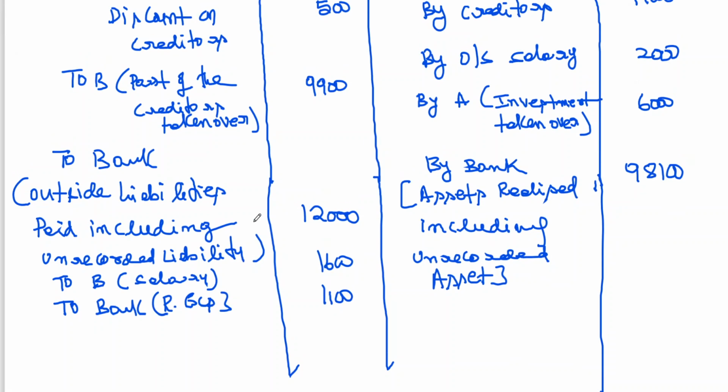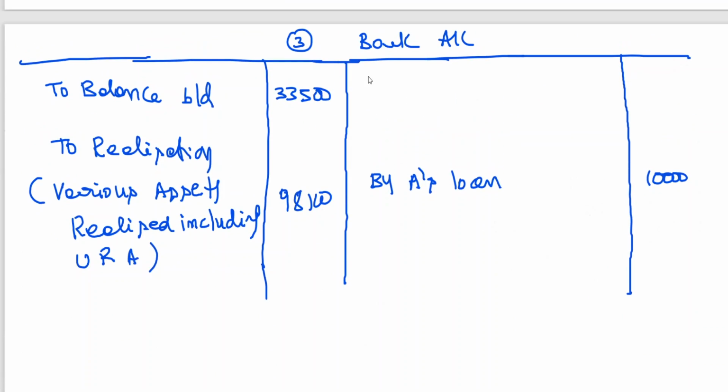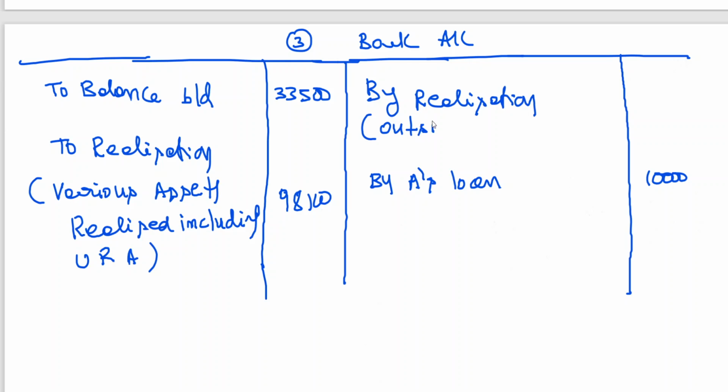Then realization to bank. Here in bank account, by realization, outside liabilities paid, including unrecorded liability.